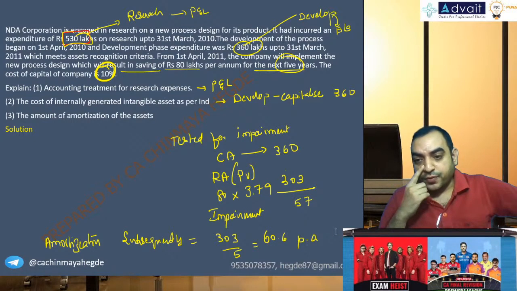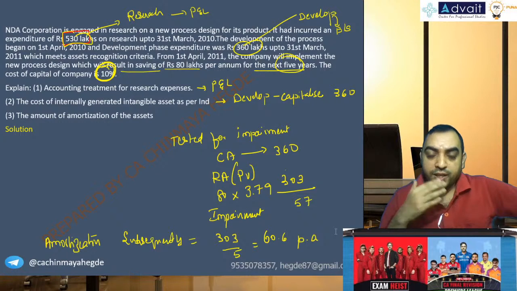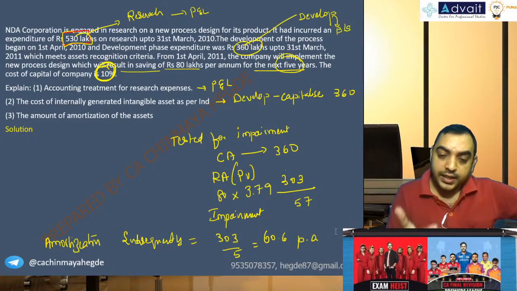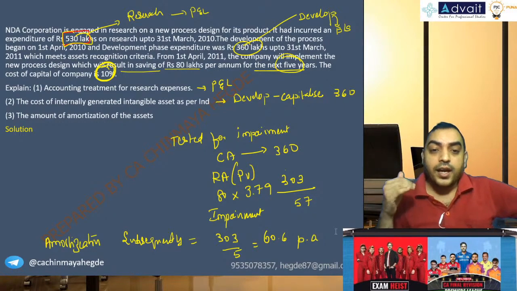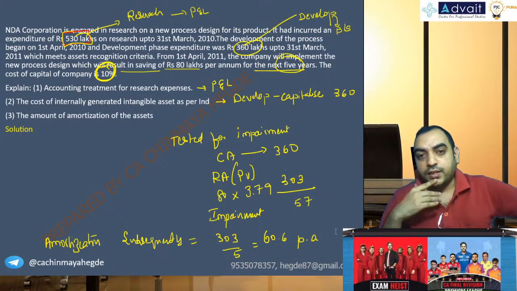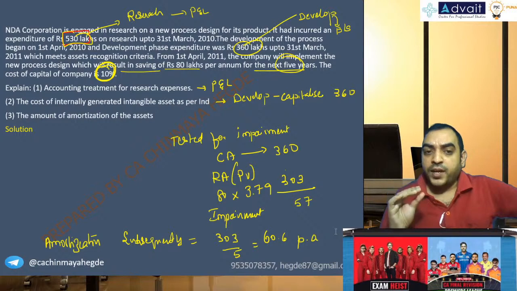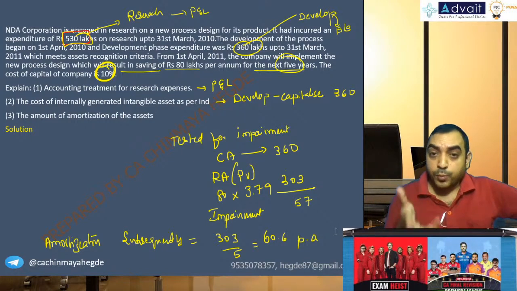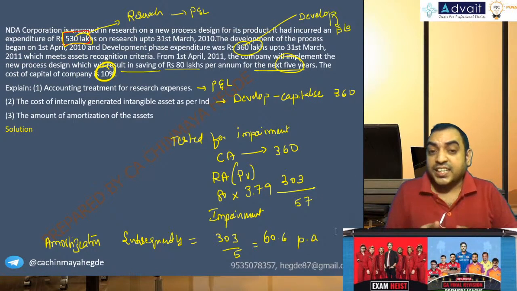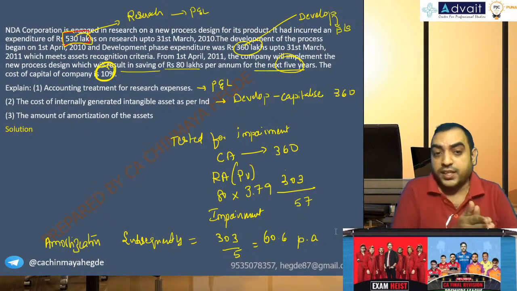Impairment, you are checking on the date of capitalizing itself? Yes, once you capitalize, the next on the reporting date I am checking for impairment. Both happen to be the same in this problem. The amount of development expenditure is capitalized, but remember, this expenditure will not happen on the last day of the year. This expenditure is incurred throughout the year.